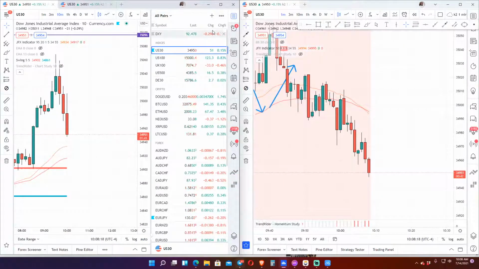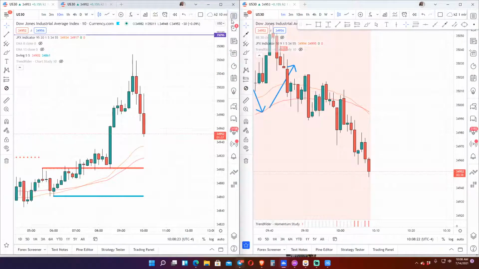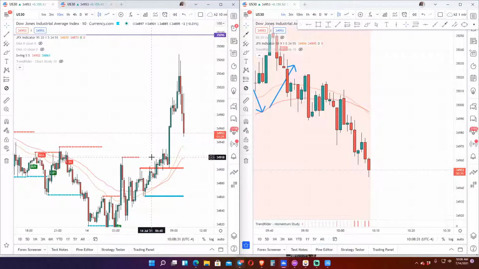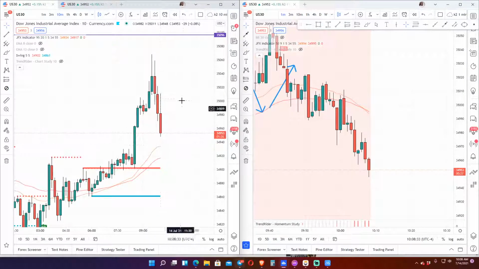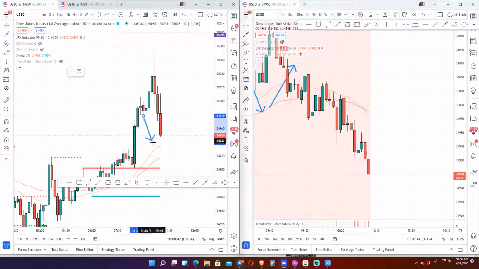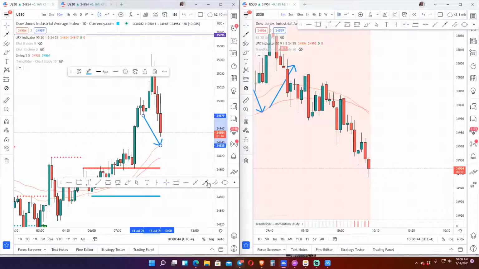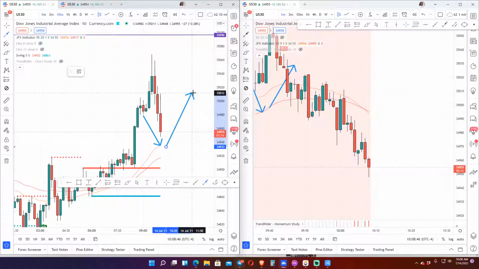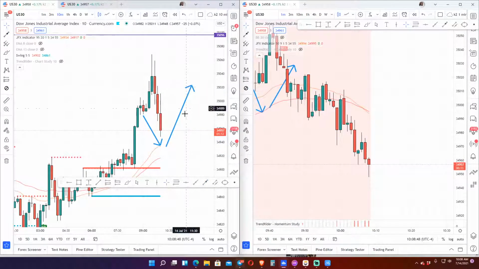As you can see on the 10-minute, I think it may just retrace off these lines here. Let me see. Maybe we'll pull back to the upside like that.